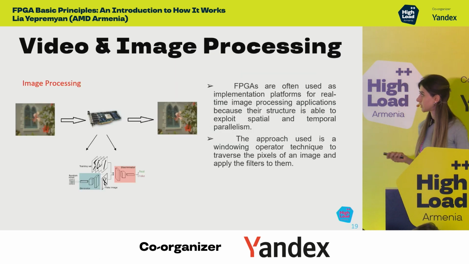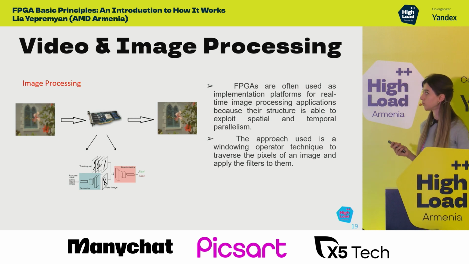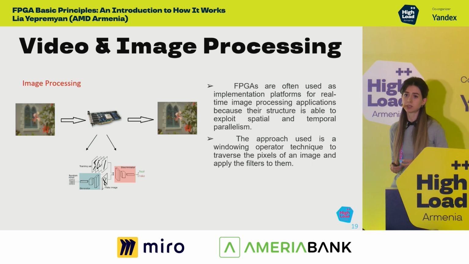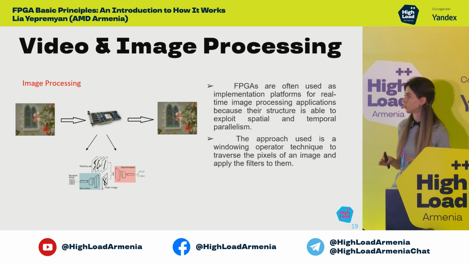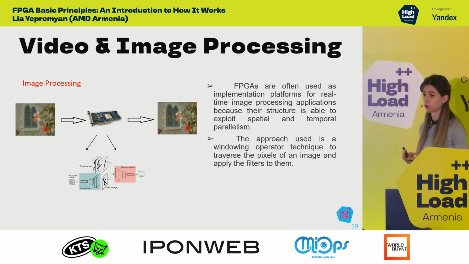Here I have an example of image processing. Image filtering is one useful technique for image processing and computer vision. It uses the FPGA to eliminate useless details and noise from the image.